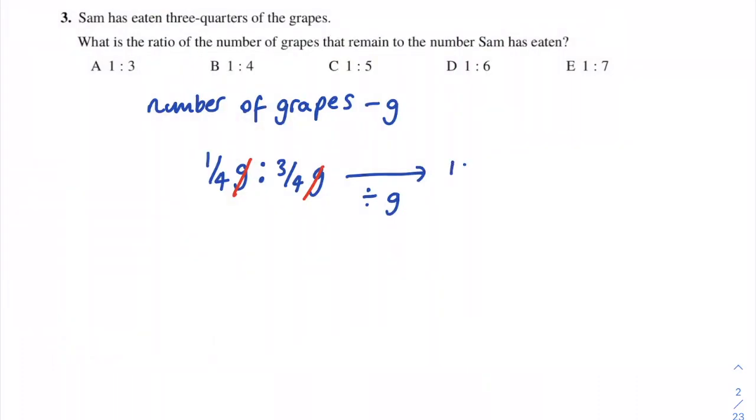So we get 1/4 to 3/4. And now we can multiply this ratio through by 4. And we get the ratio 1 to 3. And that is answer A.